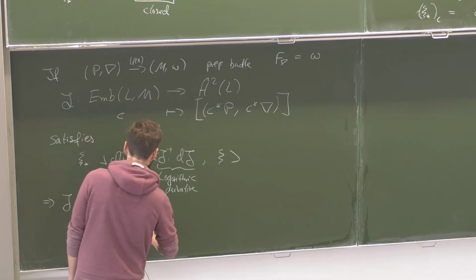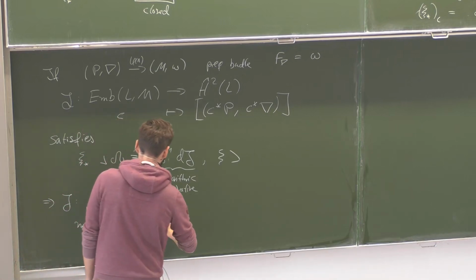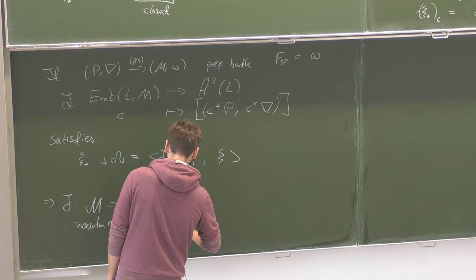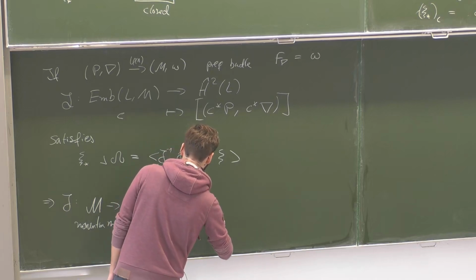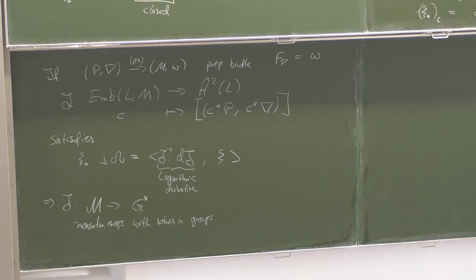Momentum maps with values in groups. That's related to this picture of the quasi-Hamiltonian spaces that we were seeing before, except that we now look at really infinite dimensional groups acting.